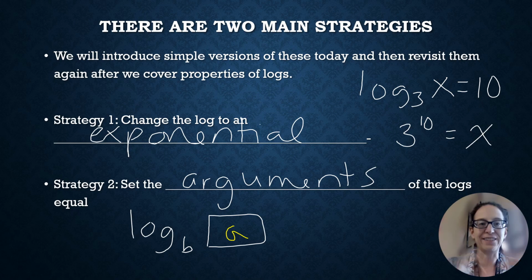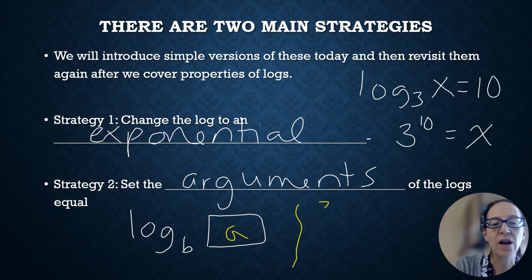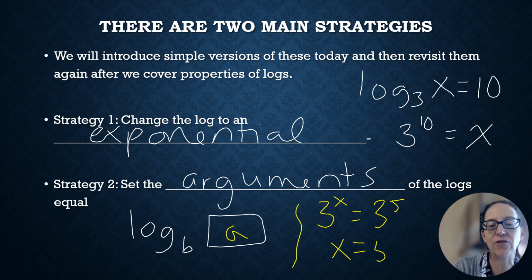We've thought of it as a for the attic when we're doing change of base formula, but really a for argument might be better, the argument of the log. And you have also seen that strategy before with exponents. If we have 3 to the x equals 3 to the 5th, we have that strategy of just being able to set the exponents equal. So both of these strategies are strategies that we have seen in play before in our solving of exponential equations.